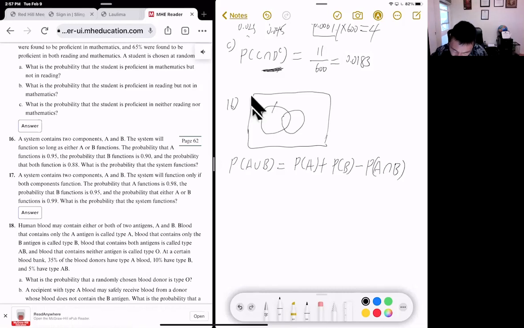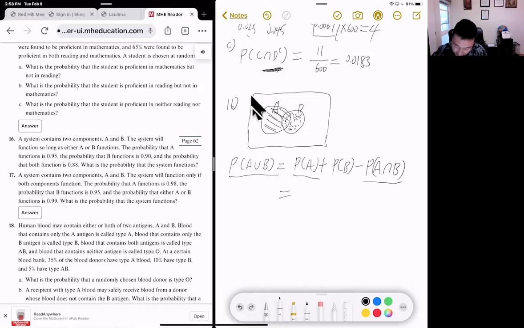Again, this is A, this is B. So P(A or B) will be anywhere within those two circles. That will be P(A) is here, plus P(B) is here. And we notice that the intersection of A and B is added twice. So we need to minus the intersection P(A and B). So minus that part will be P(A or B).